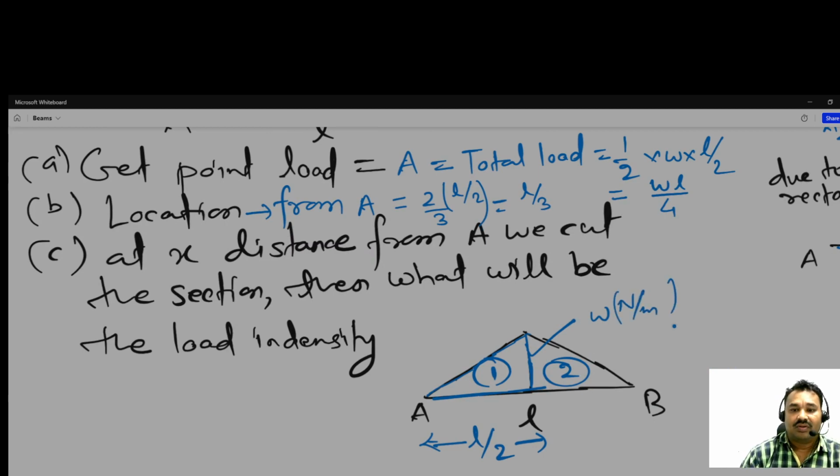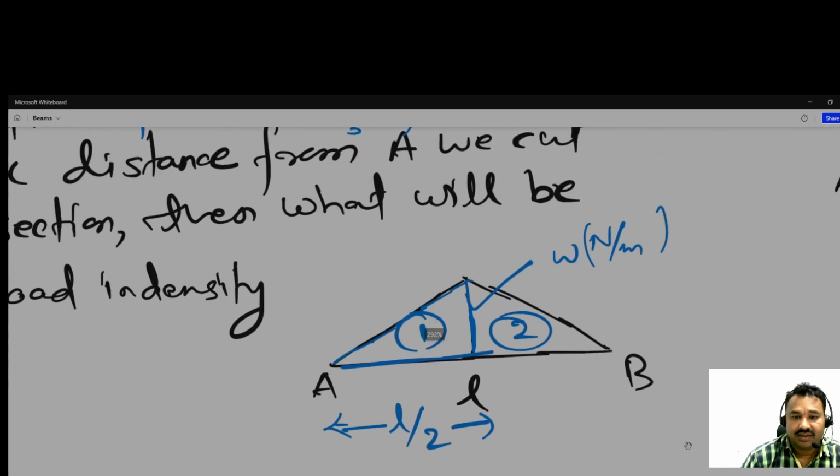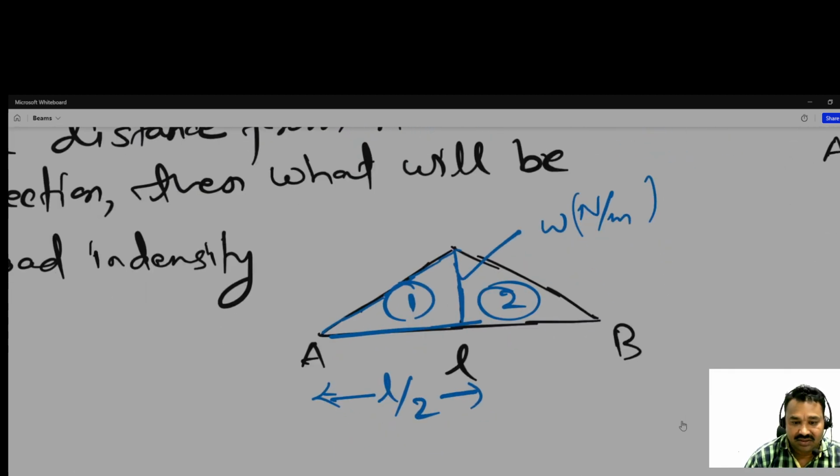So what if you cut this section from here, at x distance?